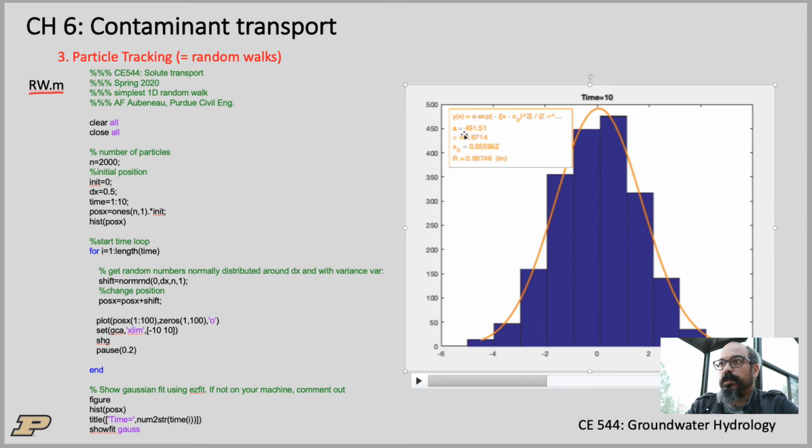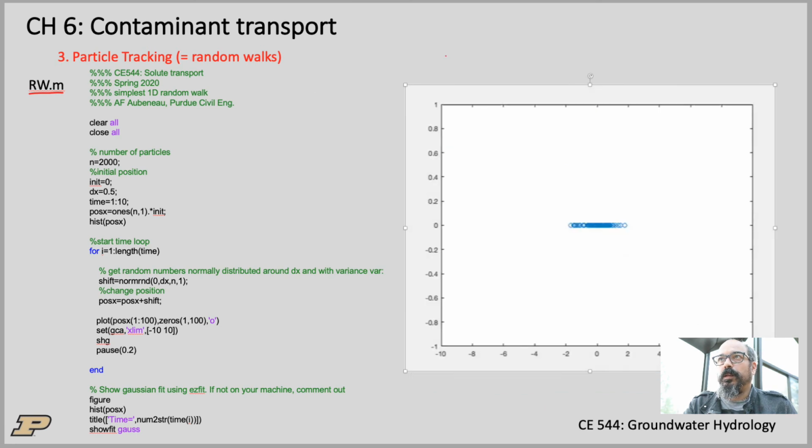So you can see the mean here is still 0, because we assigned a velocity of 0, but the standard deviation or the variance here is represented by this spread. If we look at sigma, the standard deviation, it is 1.67. So sigma squared is going to be 2.5, and time is 10, so sigma squared over 10 equals 0.25.